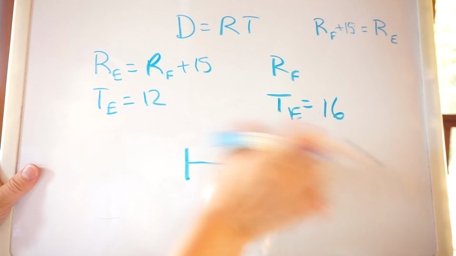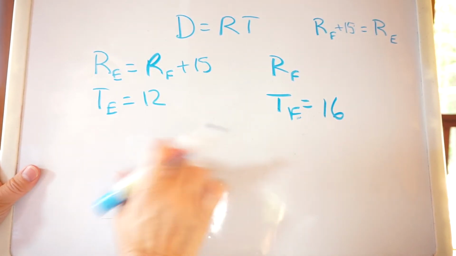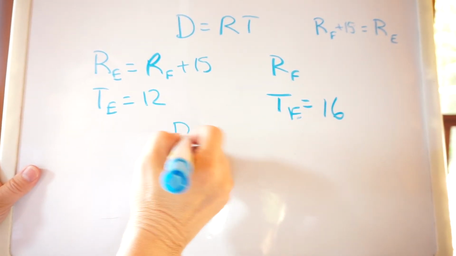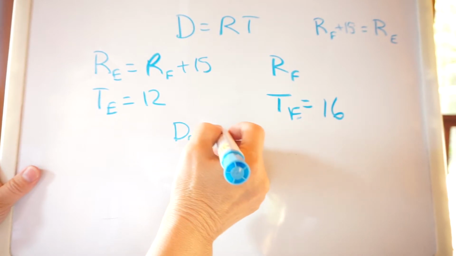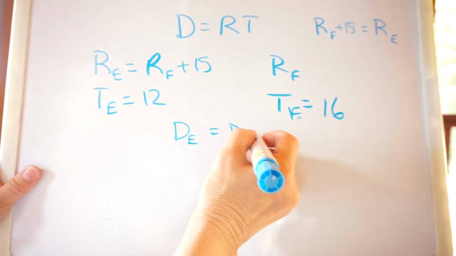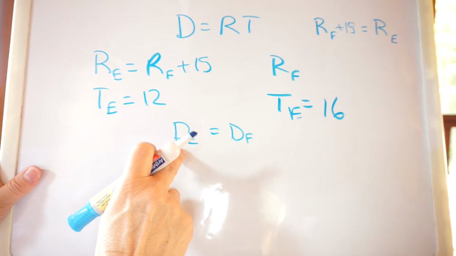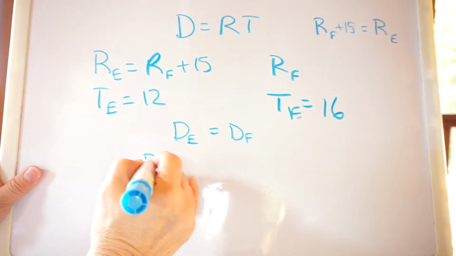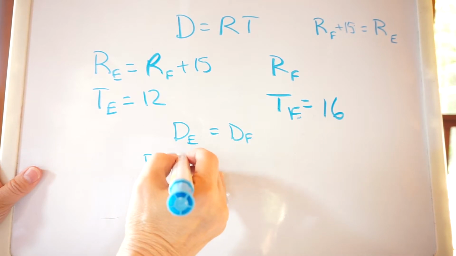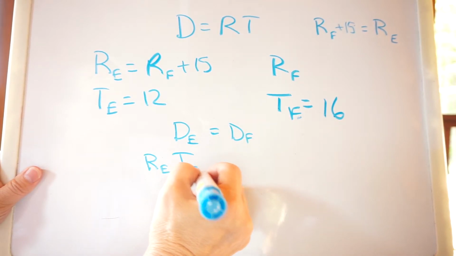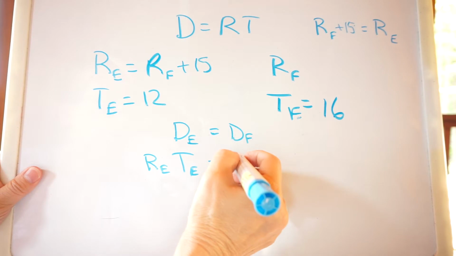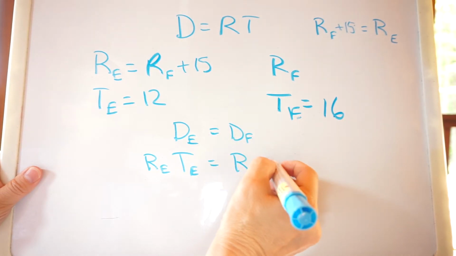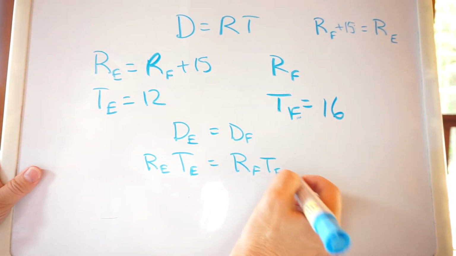With that knowledge, we say the distance of the express is equal to the distance of the freight. I'm going to change this to rate times time instead. So the rate of the express times the time of the express is equal to the rate of the freight train times the time of the freight train.